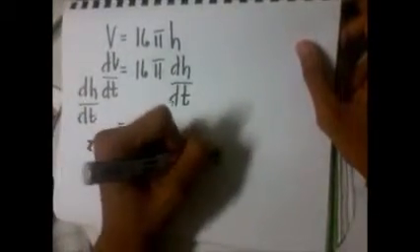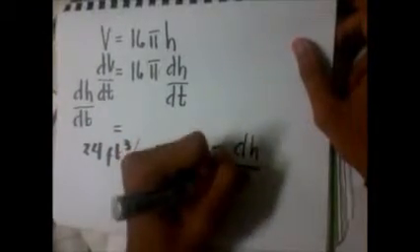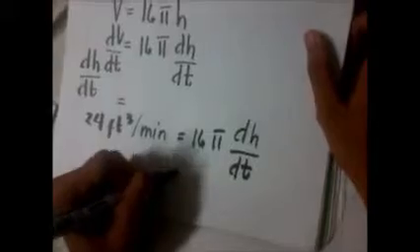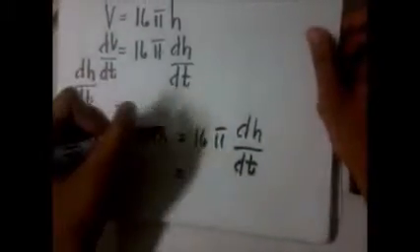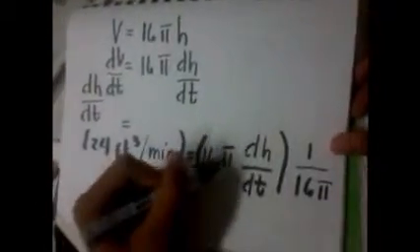It's equal to 16 π our dh/dt. Then we multiply both sides by 1 over 16 π and cancel the 16 π.